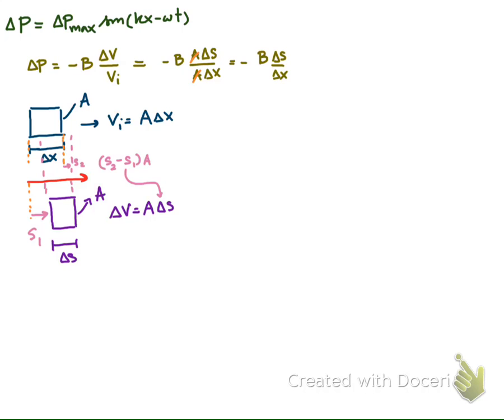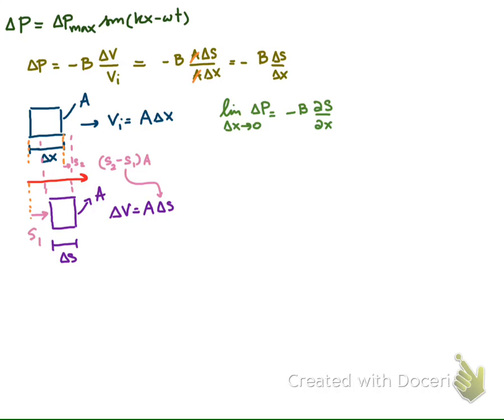If we take the limit of delta X going to 0, we have that delta P will become minus B ds by dx.